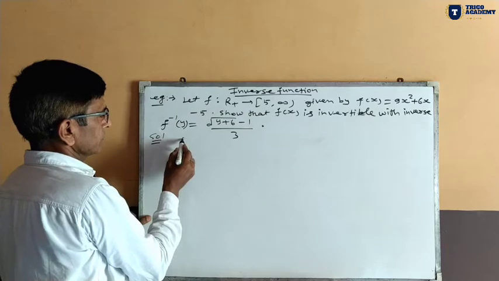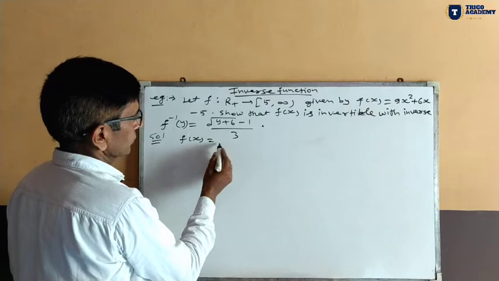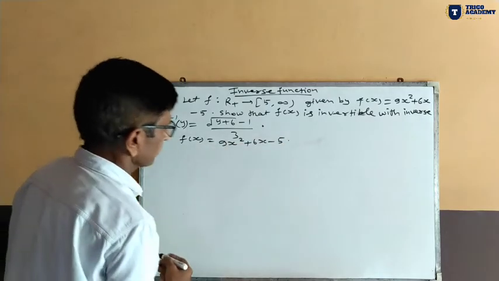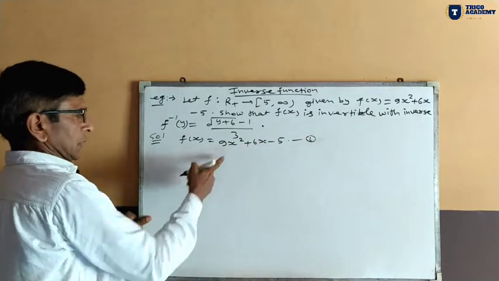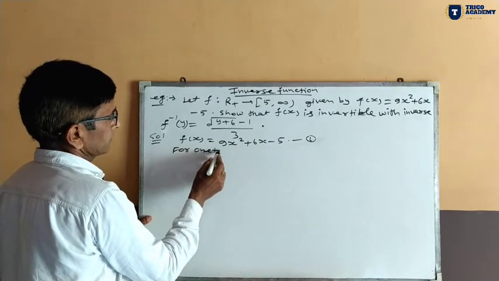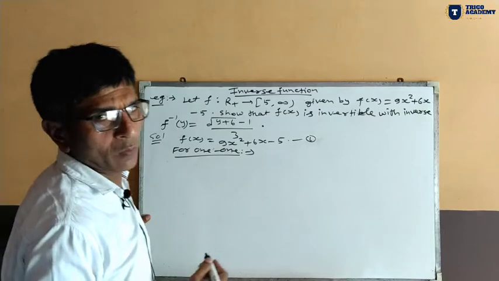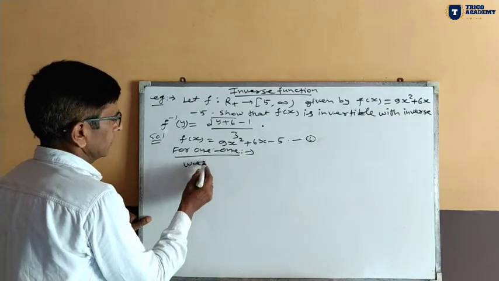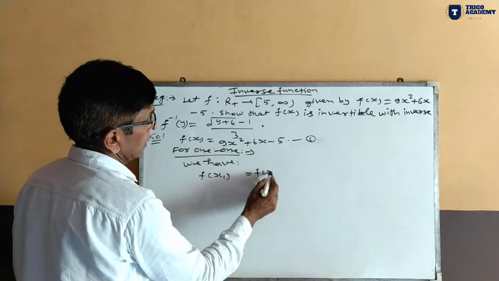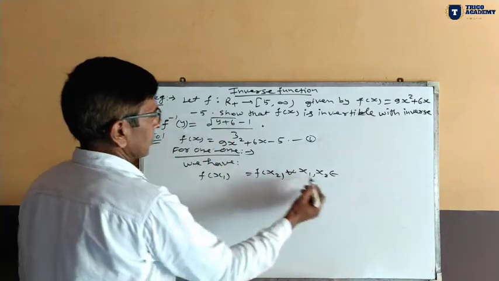Here f(x) equals 9x square plus 6x minus 5. This is the value of f(x). For the 1-1 condition, we have f(x1) equals f(x2) for all x1 and x2 belonging to R positive.